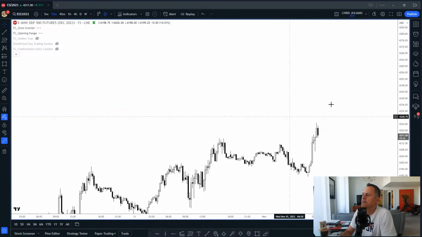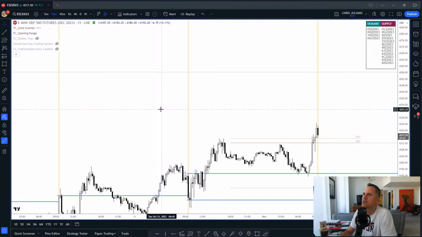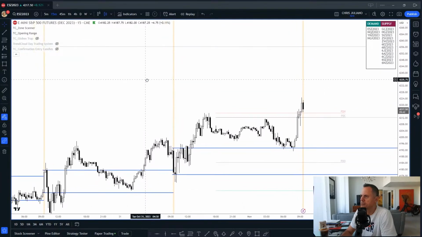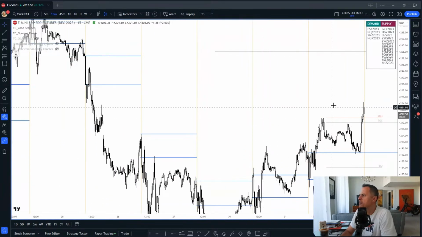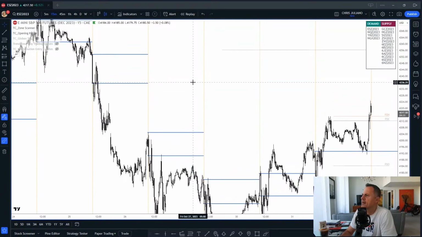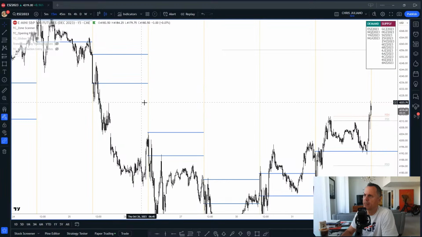Let's take a look here. Recalculate there. Let's scrunch this up here. We've got the top of this opening range breakout. That's pretty significant. That acts as a really nice level of resistance.